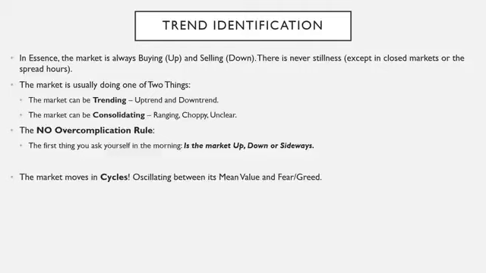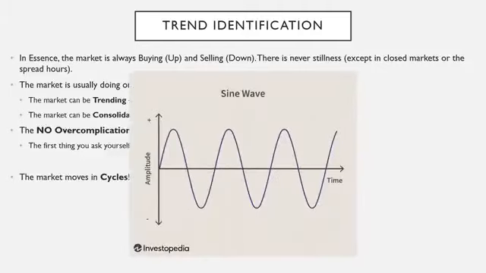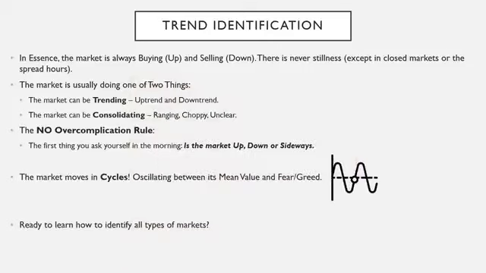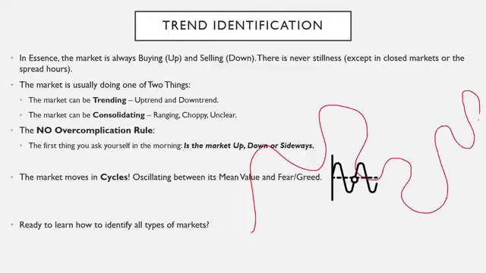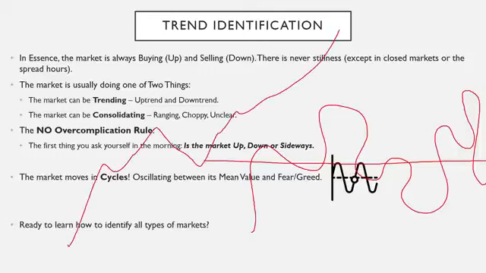So the market also moves in cycles. It oscillates between the mean value of fear and greed. So if I just take my pen right now, the market is going to go up, then it's going to go down, and it's going to go up, it's going to go down. And pretty much it always oscillates around a line, especially the Forex market, because currencies are not like stocks that are usually bullish over the long term.